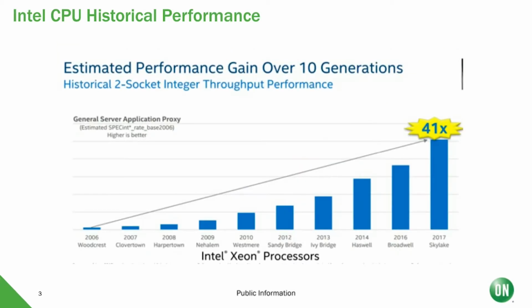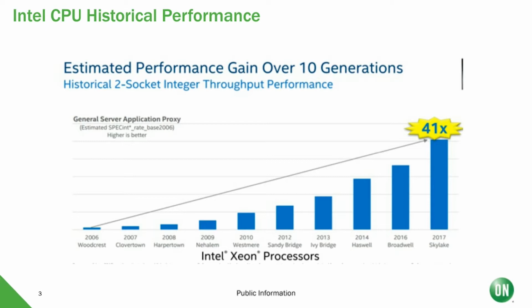So this is the chart of historical Intel CPU performance, and you can see the trend going all the way back from 2006. It doesn't show the latest, but it tops out at 2017. But you can see that the trend is not just linear; it's exponential.